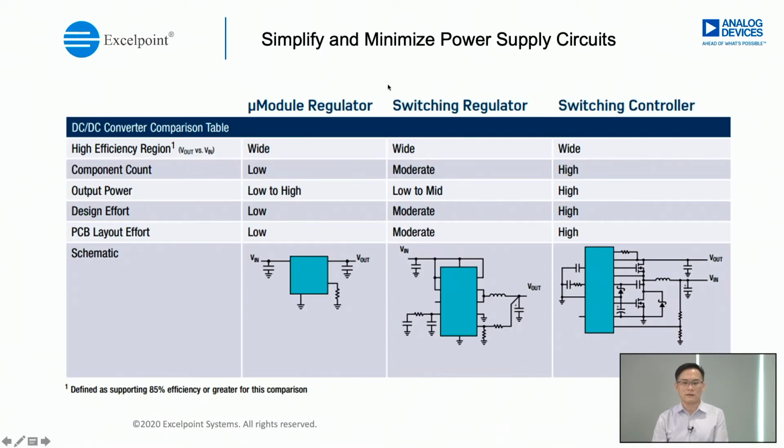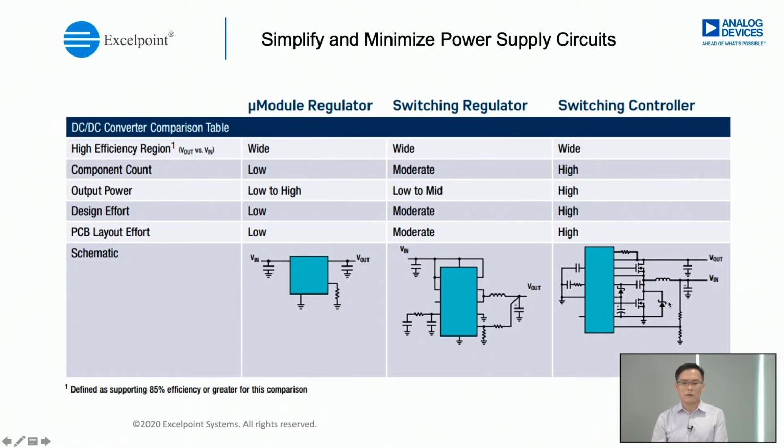So let's look at the comparison between the conventional switching controller, µModule regulator, and switching regulator. First of all, let's look at the schematic. As you can see, for the µModule regulator, the schematic is very simple with a minimum component count.